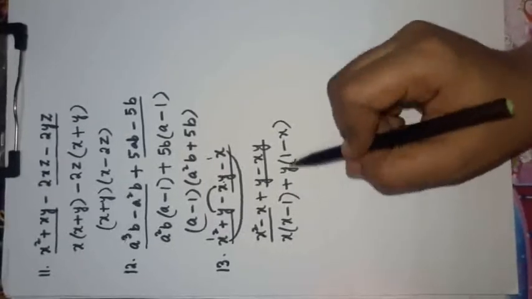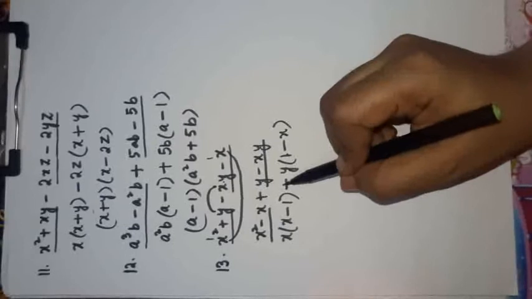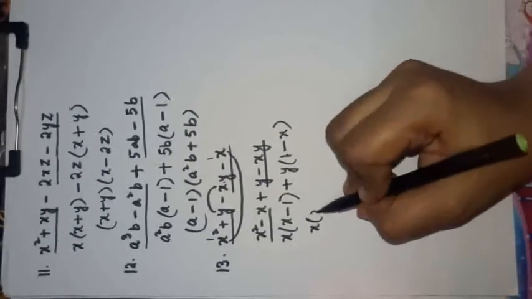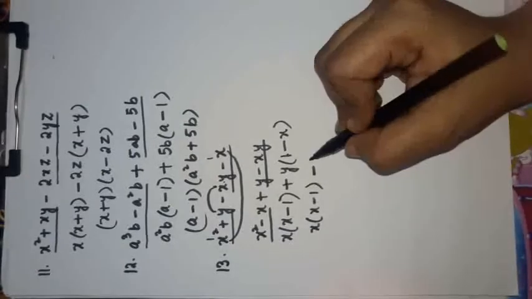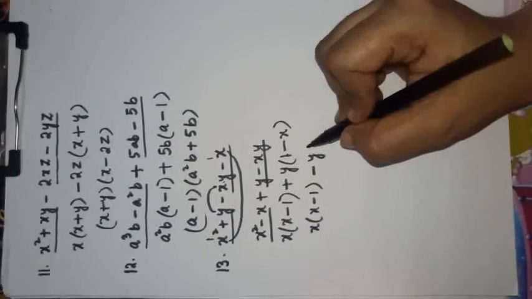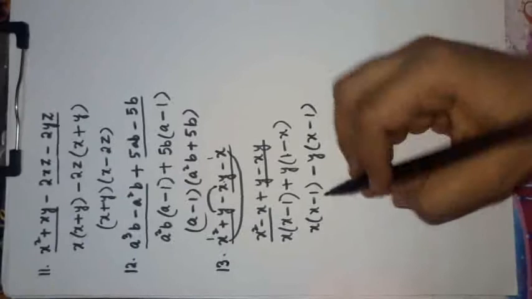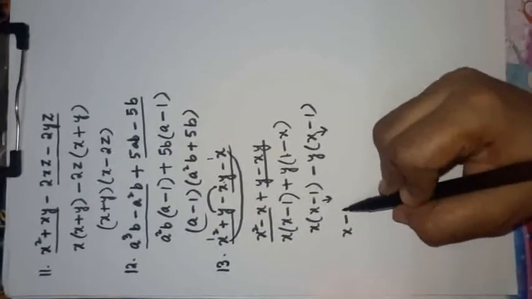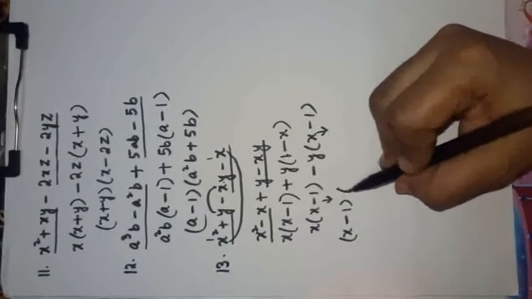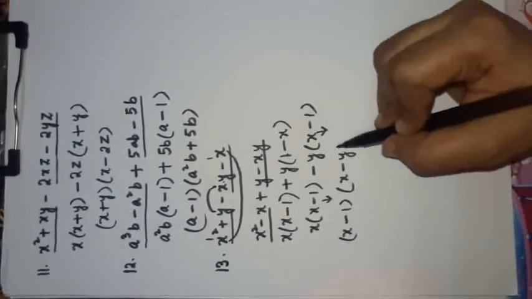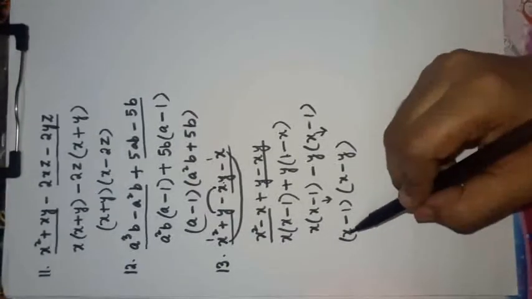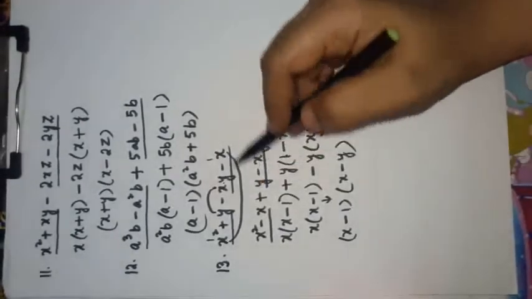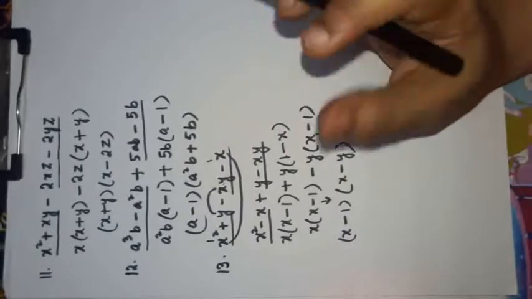So what you can do to make this x minus 1, over here the positive sign will become negative. So x of x minus 1 minus y of, this 1 minus x will become x minus 1. So over here this is common, both are same, so x minus 1 outside of the bracket, then x minus y. So here you can say that x minus 1 and x minus y both are the factors of this given expression. Okay, just understood.